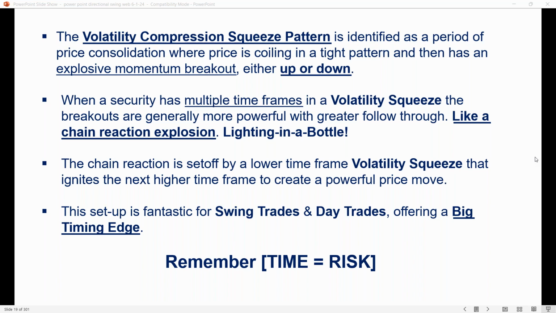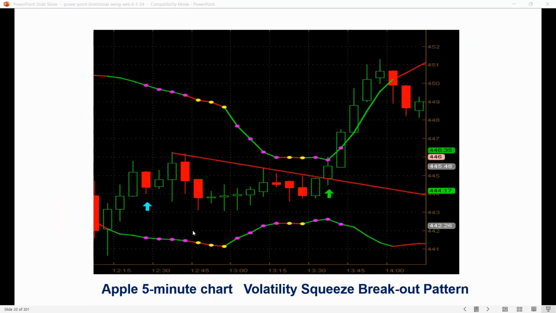It's a fantastic setup for swing trades or even day trades, offering a big timing edge. And time equals risk. The quicker we're in and out of the trade, the more we reduce our risk, because we're spending less time in the trade, so things don't happen to us.